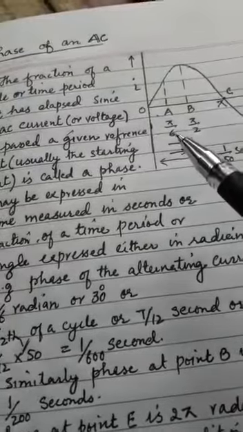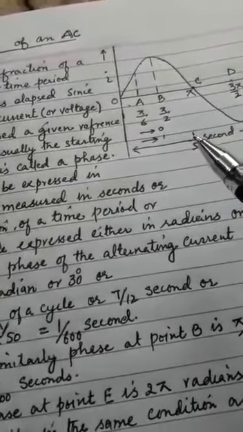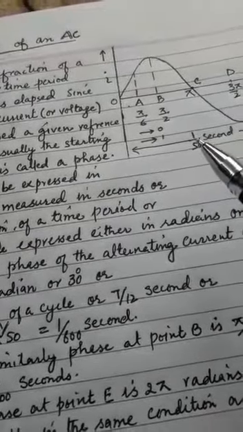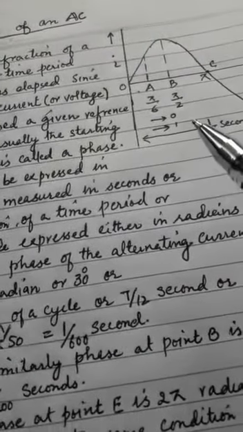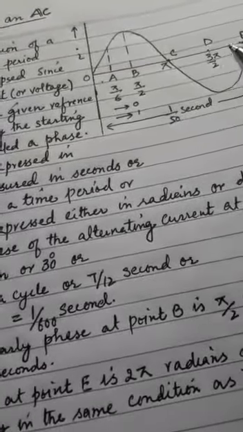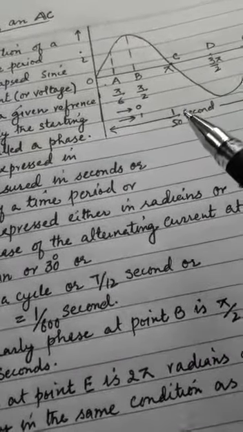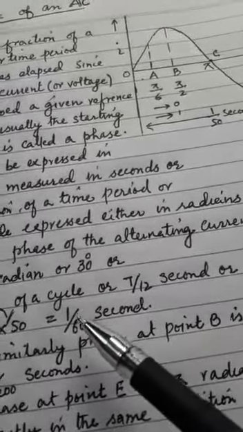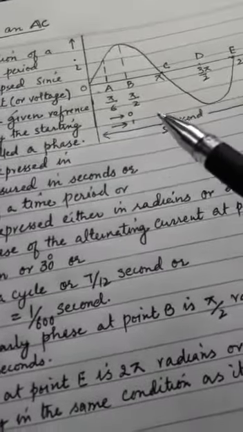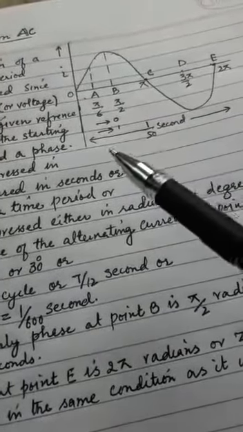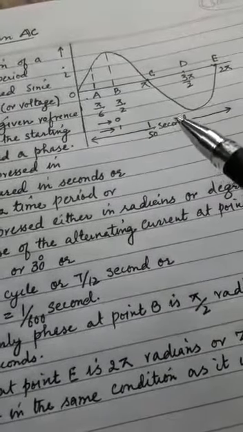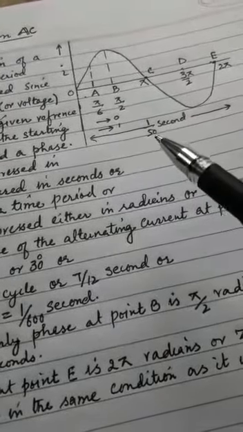When you multiply pi by 6 by 1 by 50, that will be equal to 1 by 600 seconds, because the complete time period for the complete cycle of the AC sine wave is equal to 1 by 50 seconds.